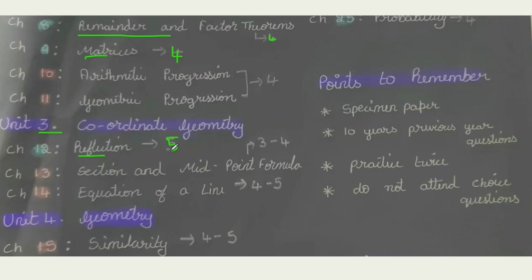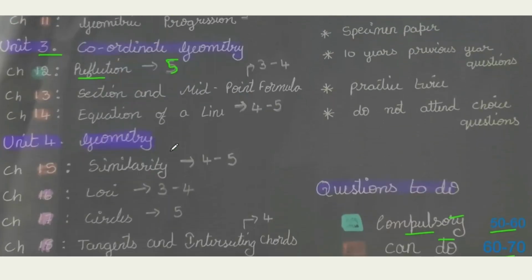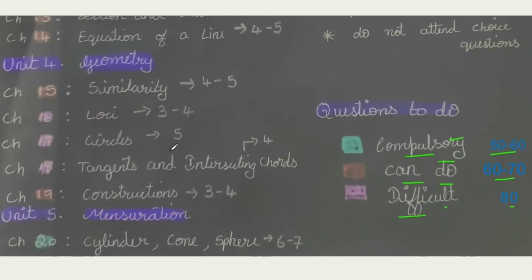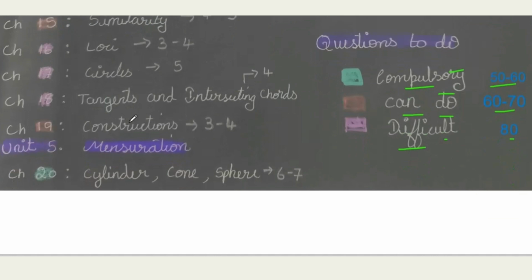In previous year questions, I saw reflection in a part A question. So in part A, reflection, you should compulsorily do this chapter, as it is the easiest chapter and you could do it easily.